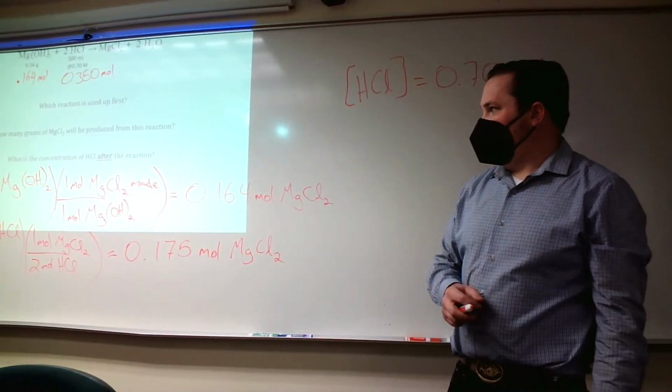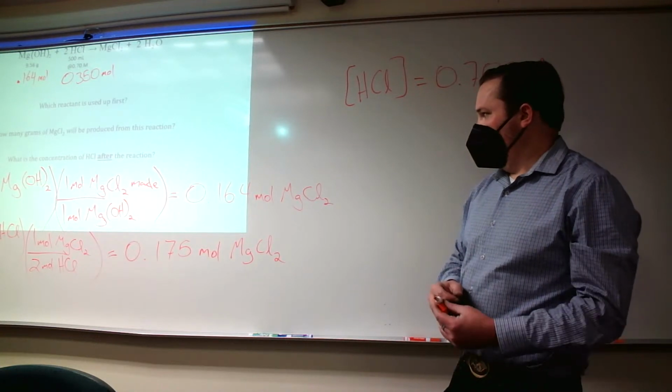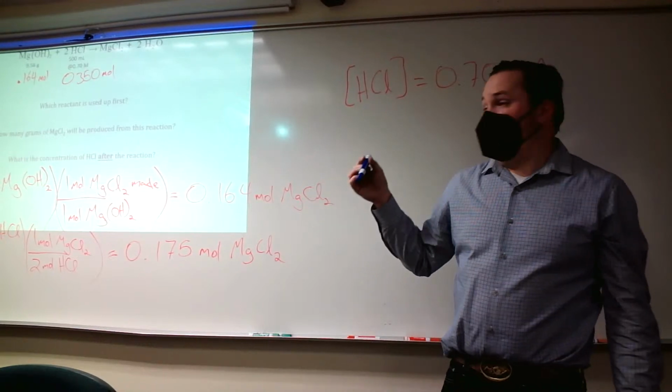I believe that half of 35 is 17.5, right? Okay. So that tells us which of these runs out first.